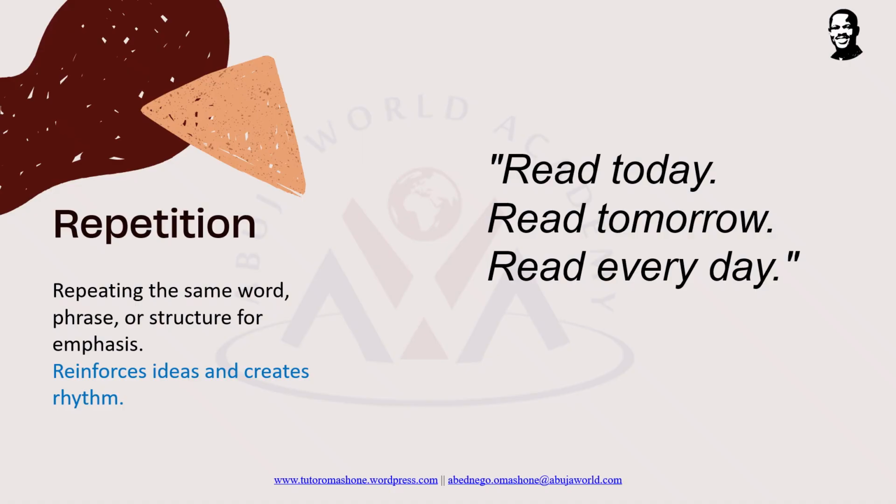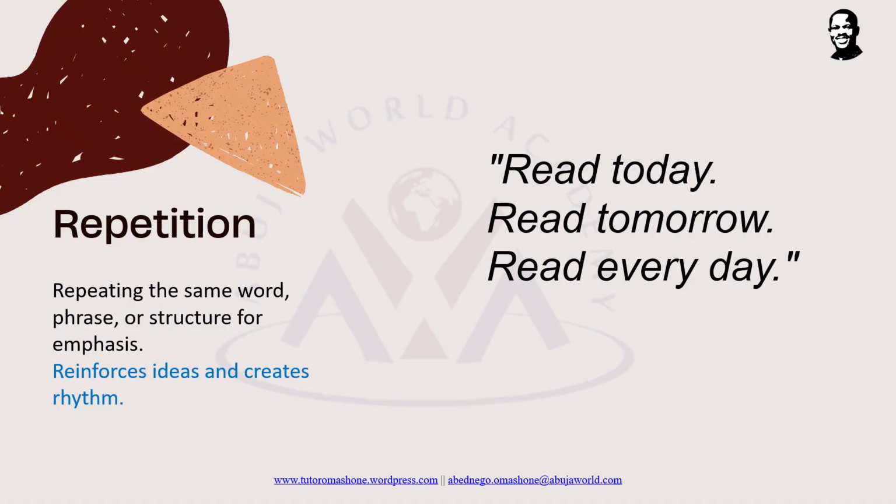But this example I've given to you is not just an example of repetition of a word alone. If you check the structure of the sentences here, you can see that the sentence structures are also the same. Read today, that is verb, adverb; read tomorrow, verb, adverb; read every day, verb, adverb. So in this case, we have repetition of the same word and also repetition of the same structure, right?